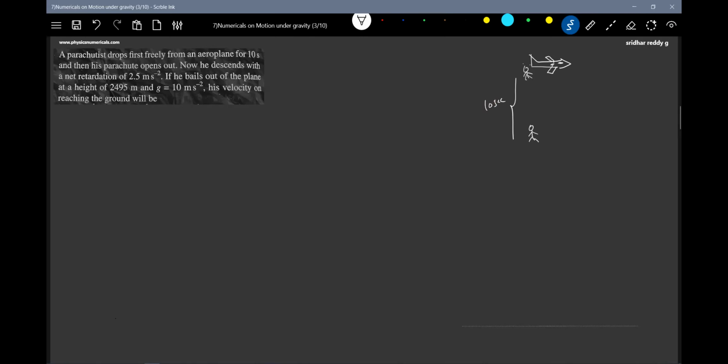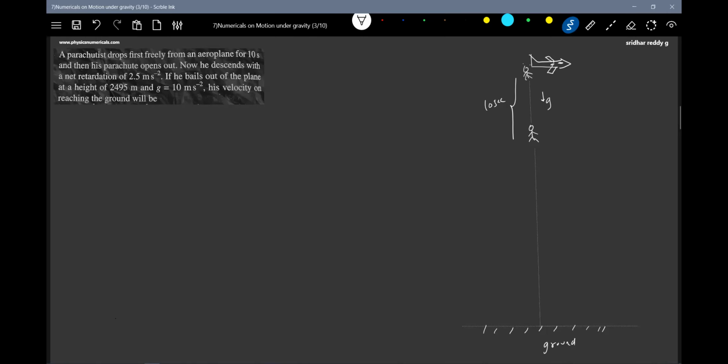Imagination like this is very important. Writing equations is fine, but we must have a basic picture of the situation we are discussing. So in 10 seconds, he will fall freely. After that, he will open the parachute.